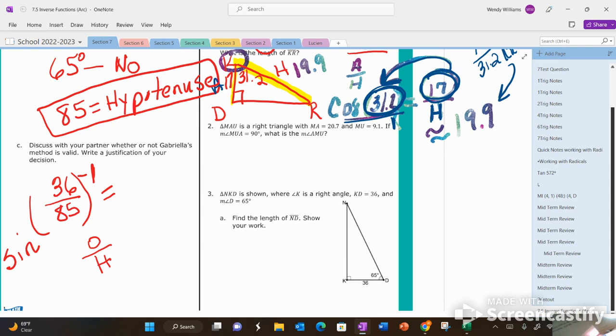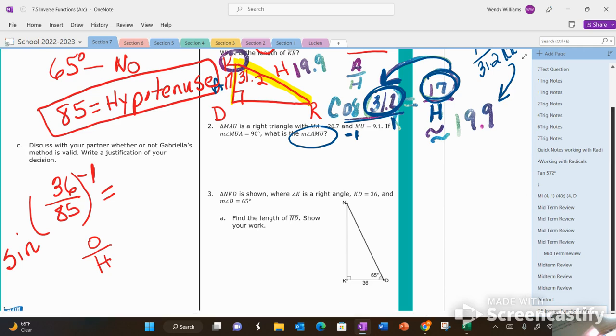MA is 20.7. The distance of M to U is 9.1. Notice they're asking you, what is the measure of the angle? Since they're giving you the lengths and they want the angle, you're going to have to use the inverse function.